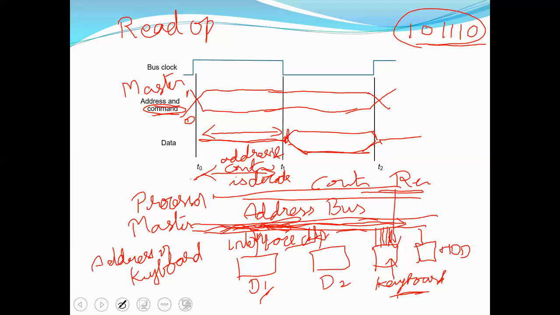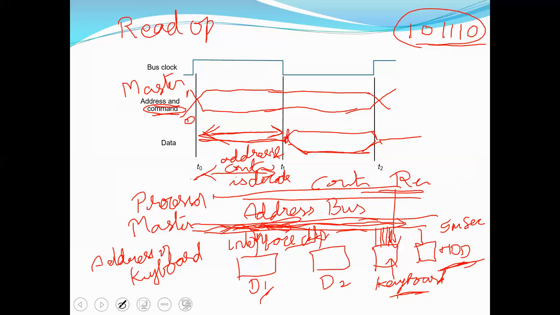So the one half of the clock pulse is decided such that the farthest device, which is at a different end of the processor, will get the signal and will be able to decode the address and control signals during that time. Suppose this is the farthest device, the hard disk, and it needs 5 milliseconds to read the address.